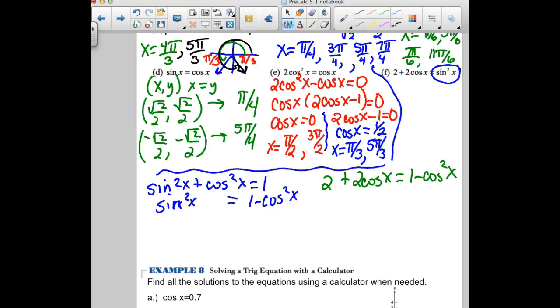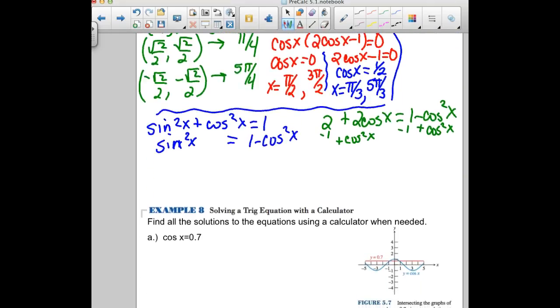So let's bring everything to one side. I'm going to subtract a 1 over, and I'm going to add a cosine squared x over here. All right, and let's put things in order here. So we have cosine squared of x plus 2 cosine of x plus 1, if we take 2 minus 1, gives us a 0.